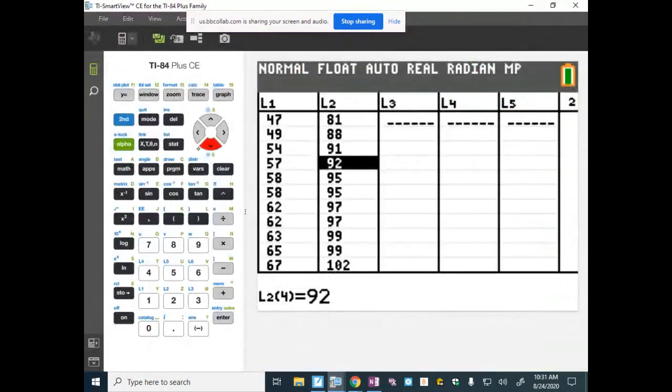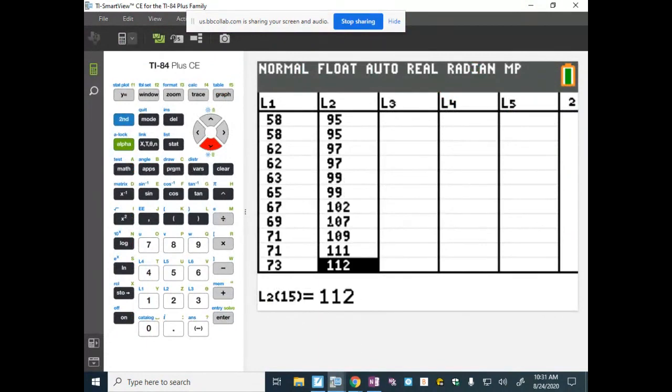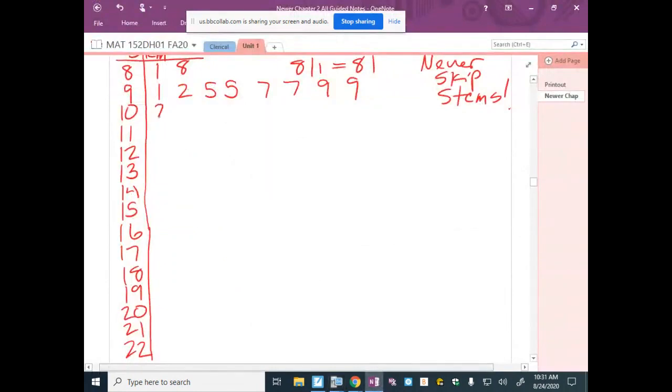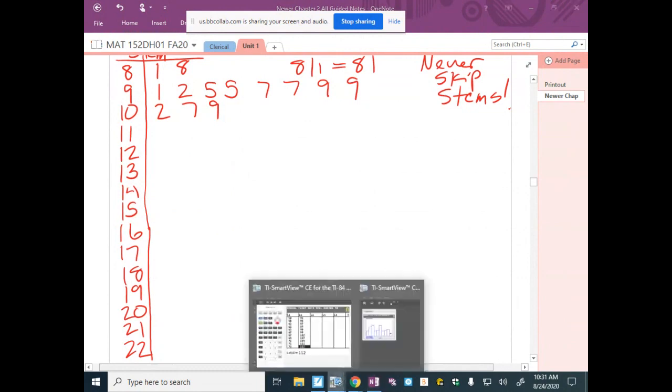All right, so in the hundreds, we get 2, 7, and 9. And it's always good to write out the leaves using similar spacing so that you can easily count if need be.